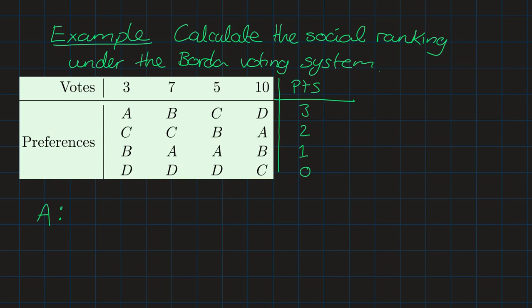Okay, so how many points does A get? Well, A is going to get 3 times 3, plus how many second rankings did they get? 10. So that's 10 times 2, plus 7 plus 5 times 1.